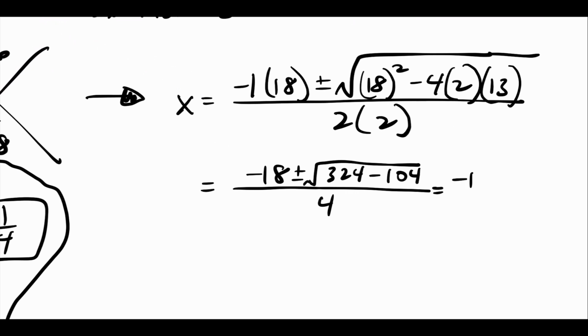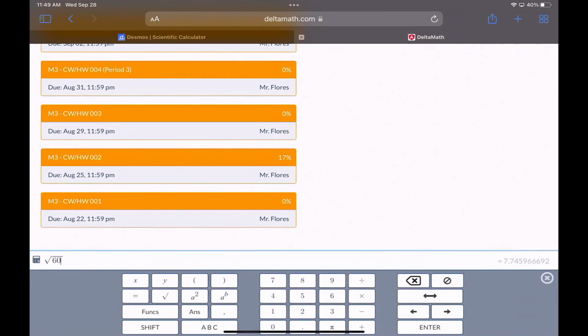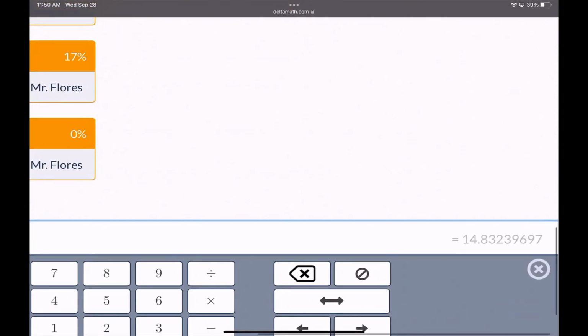So we get negative 18 plus or minus, and when I subtract, I get 220. Let me check what the square root of 220 is. 14.8323, it's an ugly number.